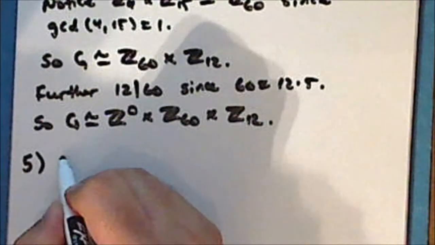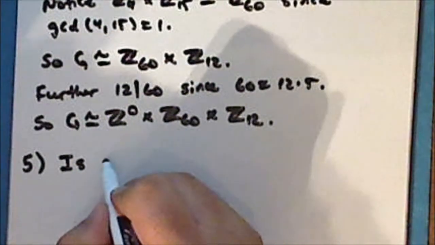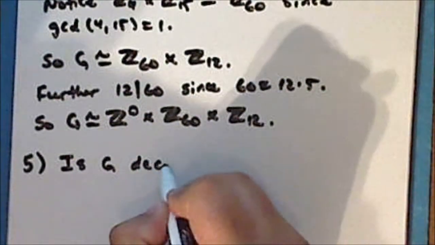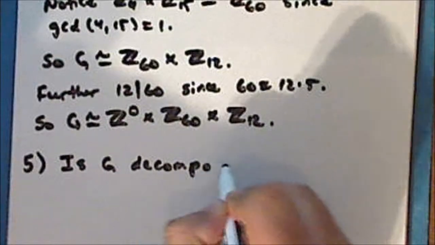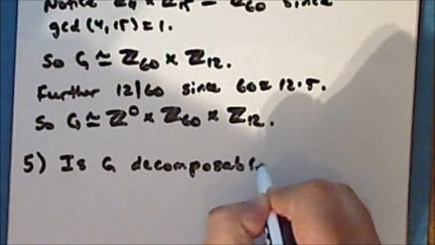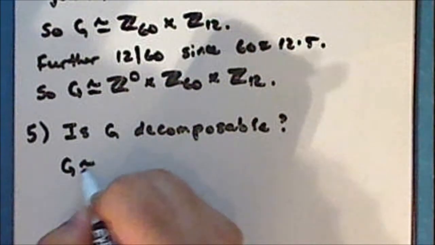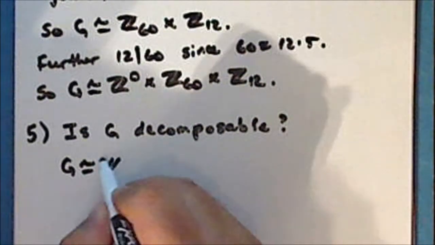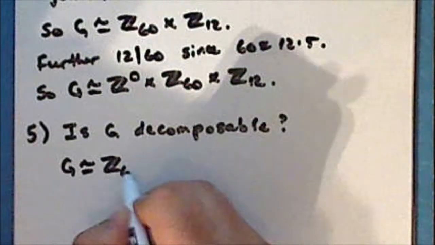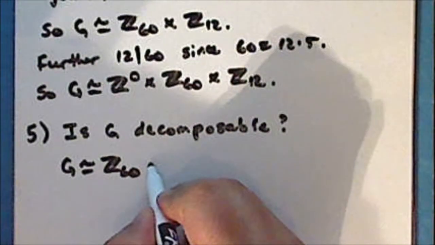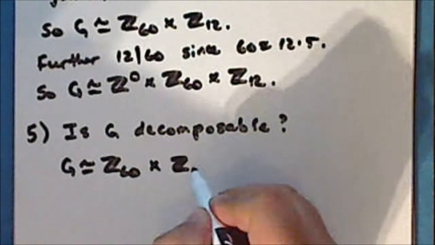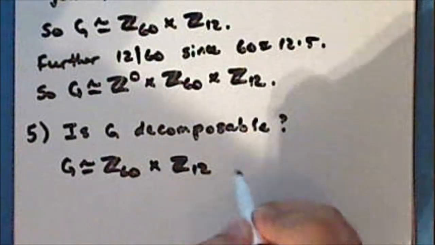So in part 5, we are to determine, is the group G decomposable? Now we know that the group is isomorphic to the direct product of the integers modulo 60 with the integers modulo 12.